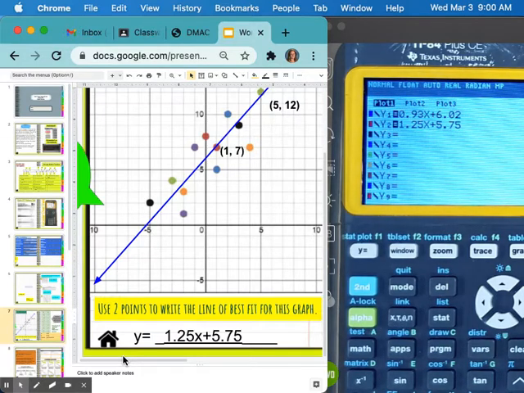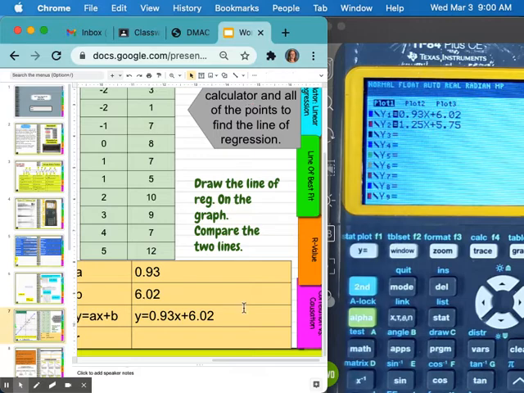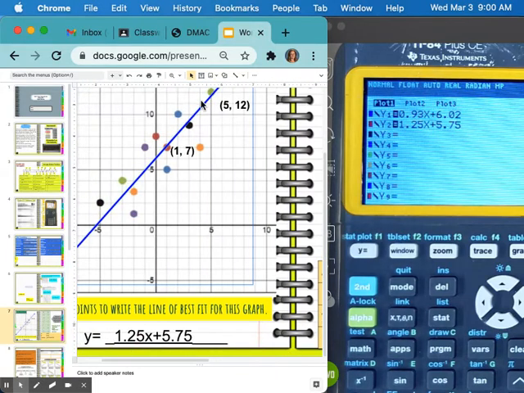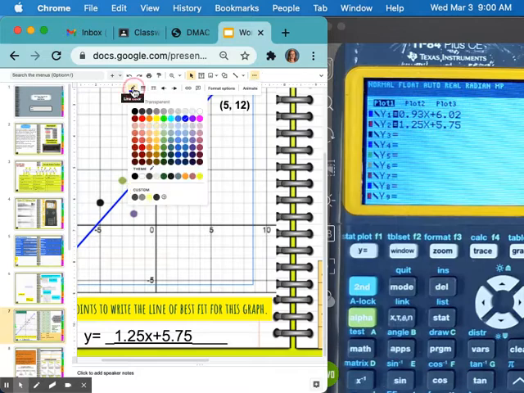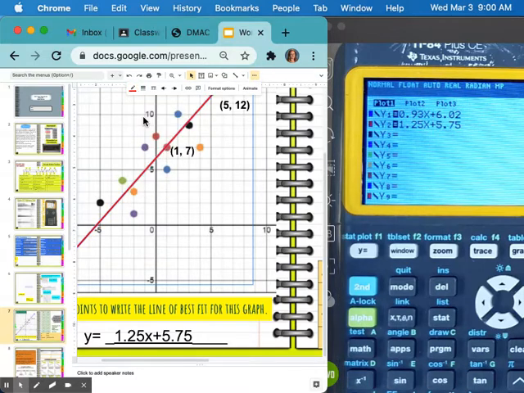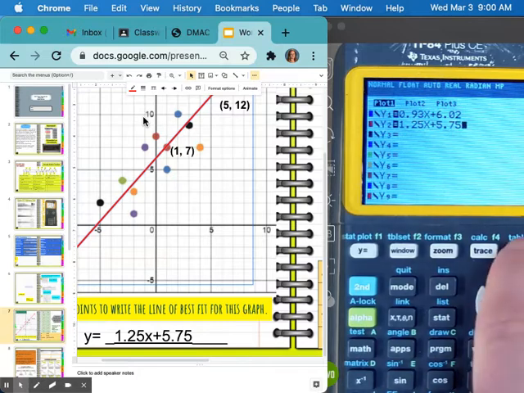So the blue line is going to be the linear regression, and the red line is going to be our line of best fit. I'm going to click on that and change that to red so that I can draw the other one in blue so it matches our graph. Okay, hit graph.